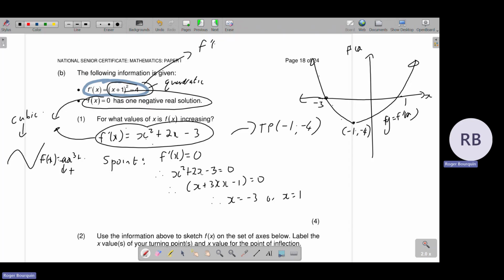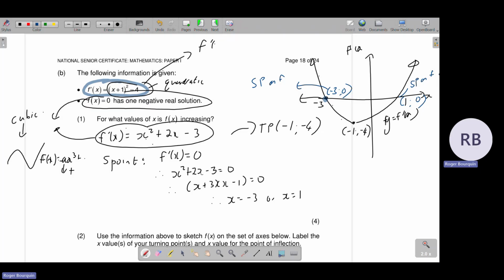So at this point over here, the coordinates are negative 3, 0. What does that mean? That when x is negative 3, the gradient is 0. So this is a stationary point on the graph f, the original graph, right? What's the coordinates of this point? 1, 0. This is a stationary point also on f, right?